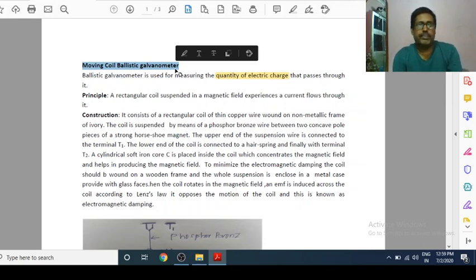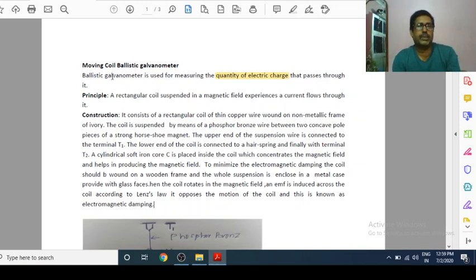So let us first see its principle, on which principle it works. When current is passed in the coil of the galvanometer, the two parallel sides, which are perpendicular to the magnetic field, experience a magnetic force which is equal and opposite.